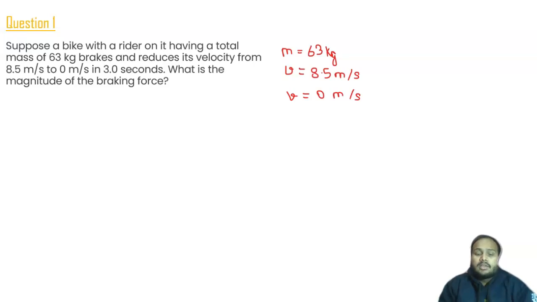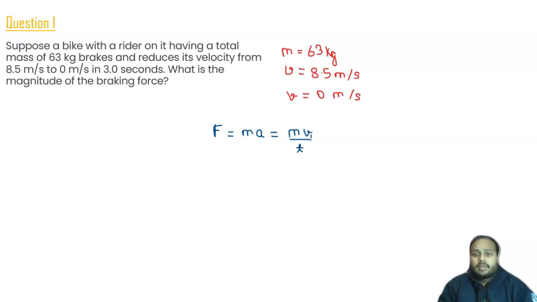Now, by the second law of motion, net force acting on a body, we can write it as F is equal to mass into acceleration. Acceleration is nothing but change in velocity by time.